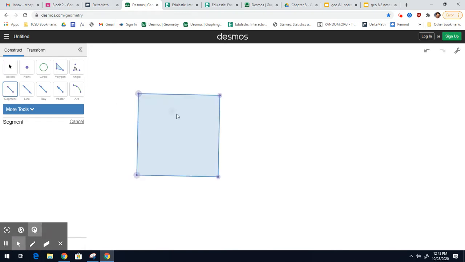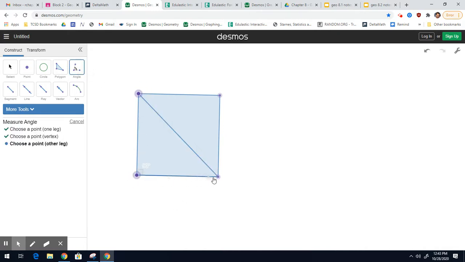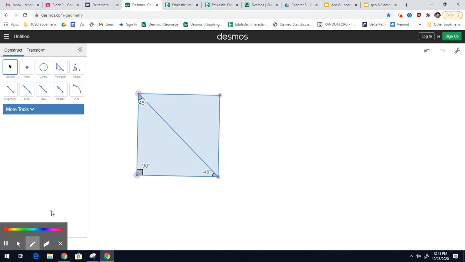So if I draw one of the diagonals, you will see that if I measure the angles, this is of course going to be a right angle, and then these two angles should be 45 and 45. So there's my 45, 45, 90 triangle. If I want to talk about the side lengths of a 45, 45, 90 triangle, the first thing you should know is that this triangle is isosceles, right?